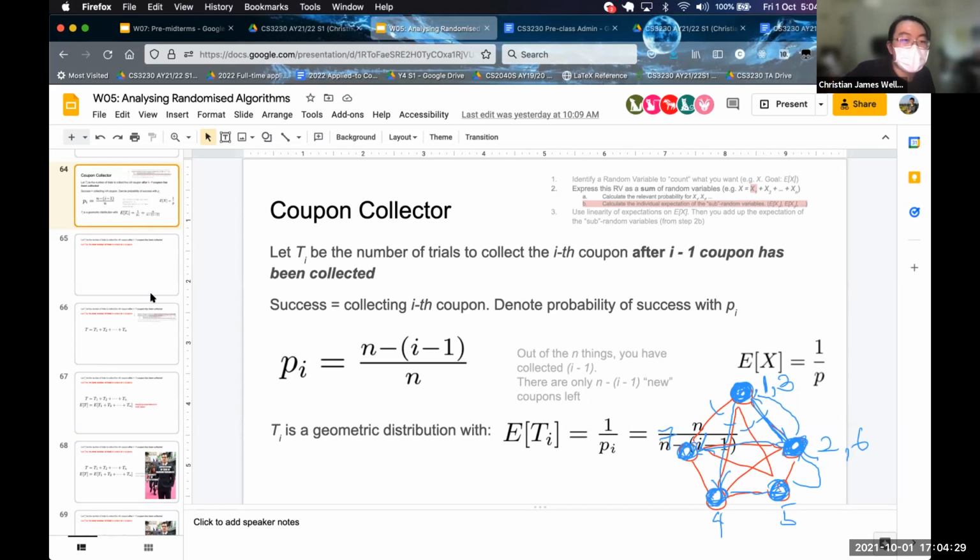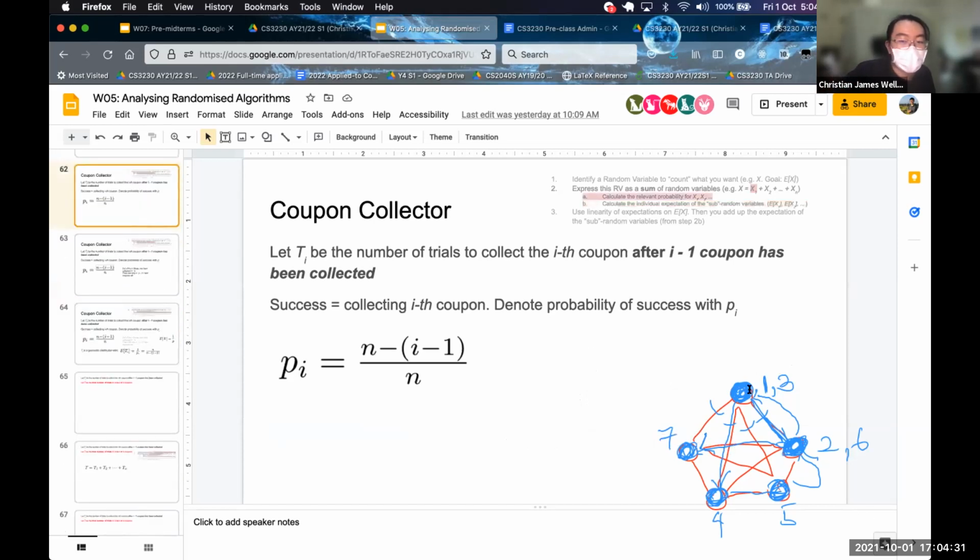But in this graph model, you can only visit something new. You don't visit yourself, because that would mean there's a self loop. If I allow self loops, then this is exactly a coupon collector problem. But because I didn't allow self loops, you can only visit one of the other 4 neighbors, not including yourself.